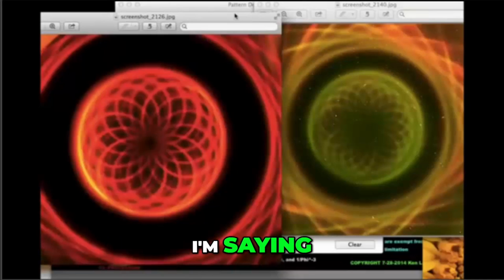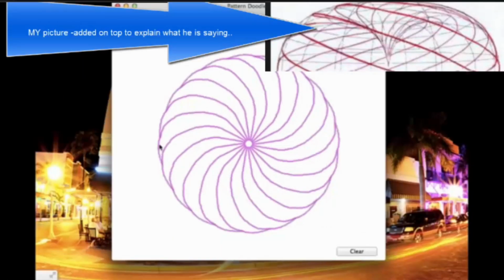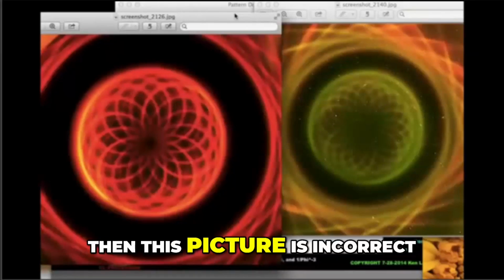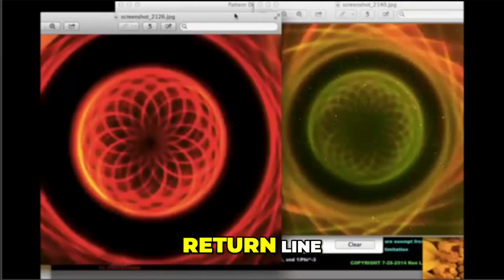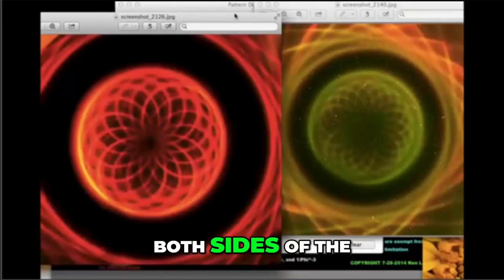Do you understand what I'm saying? This picture only goes one way and then the rest goes underneath. So if that's true, then this picture is incorrect because it has a return line as he keeps drawing, but that line's underneath. So if we can see both sides of the magnetic field here, then that's just a little confusing and it should have been explained so.